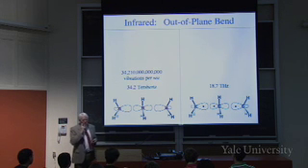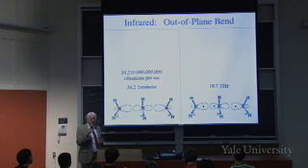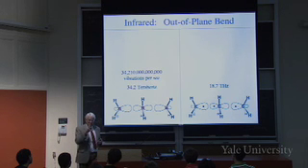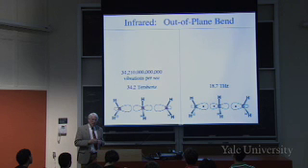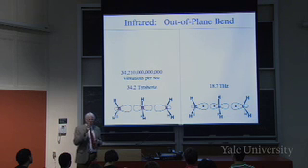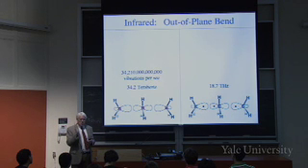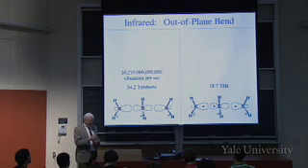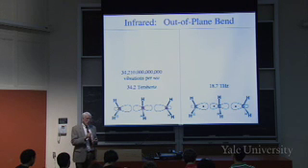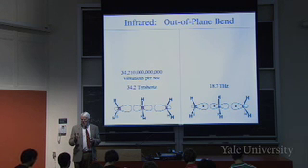How does this make sense? Suppose the springs that you're bending when you do this vibration. Which set of springs is stiffer? The BH3, or does a stiff spring make a vibration faster or slower? Faster. So it says the springs are stiffer in BH3. It prefers to be planar more strongly than CH3 does, right?